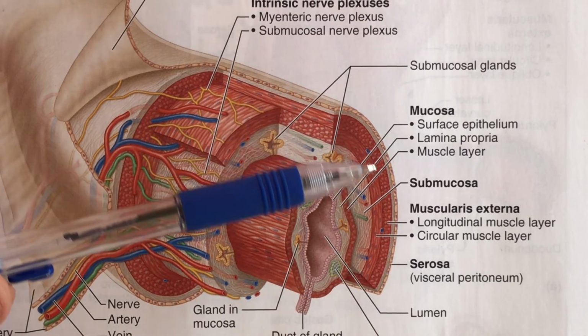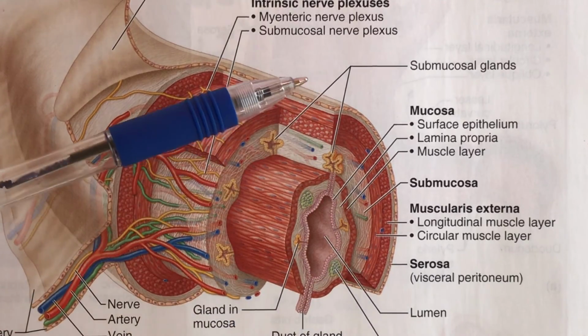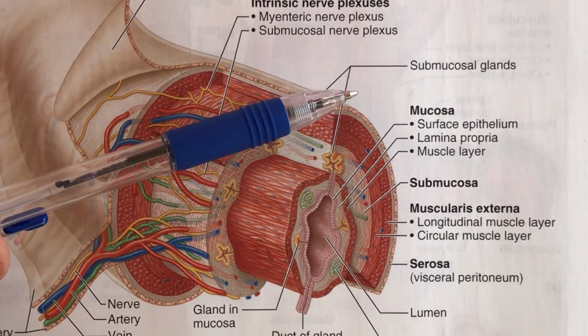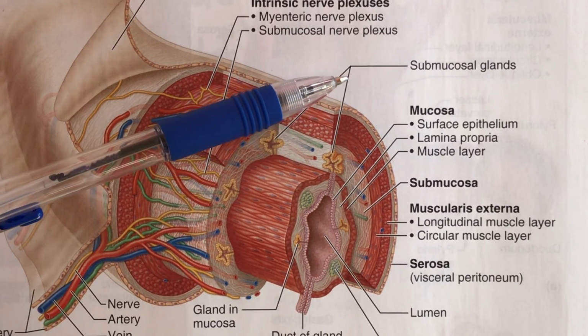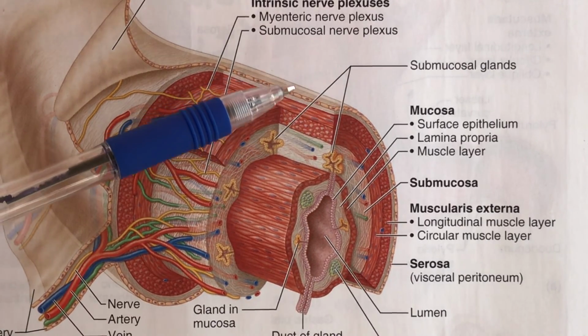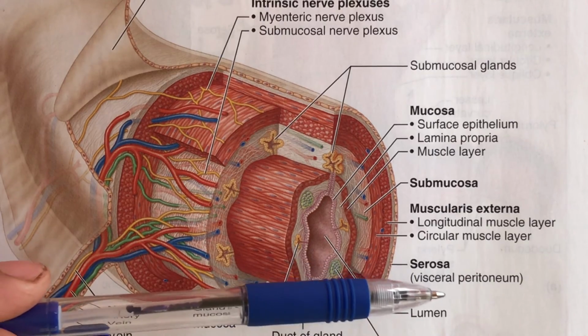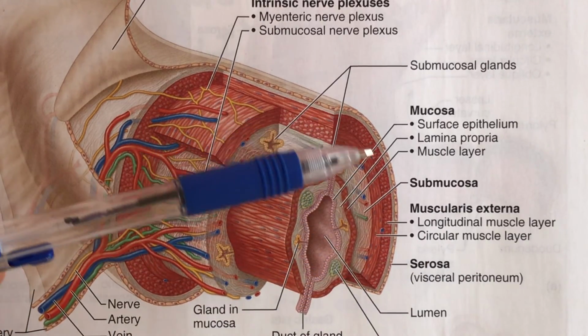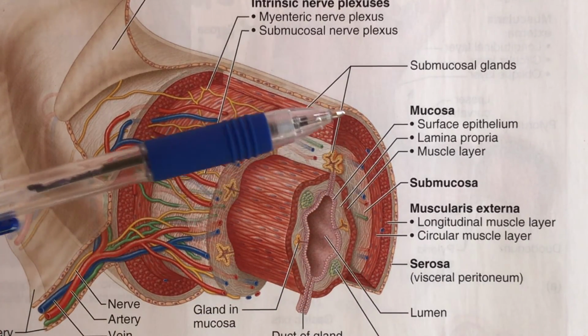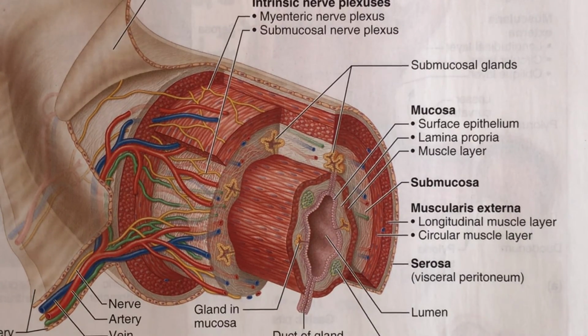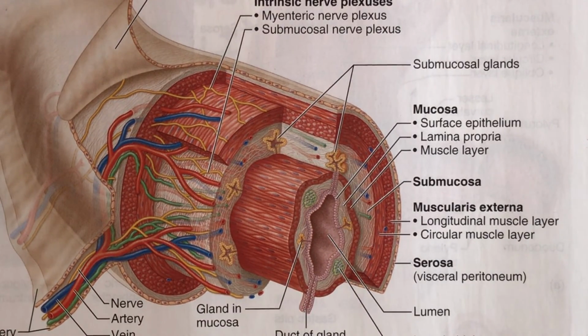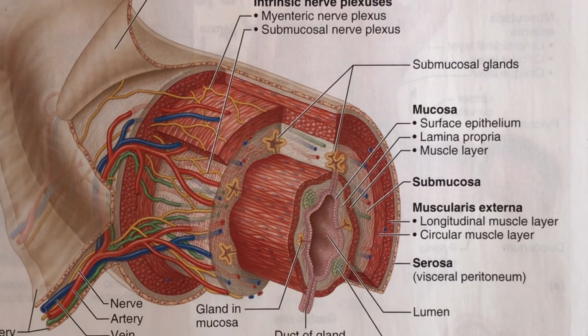This just happens to be the visceral peritoneum. And then on the abdominal wall, we have the parietal peritoneum, made up of the same stuff. Visceral peritoneum and parietal peritoneum. That's your serosa. And those are the 4 layers of the GI tract.